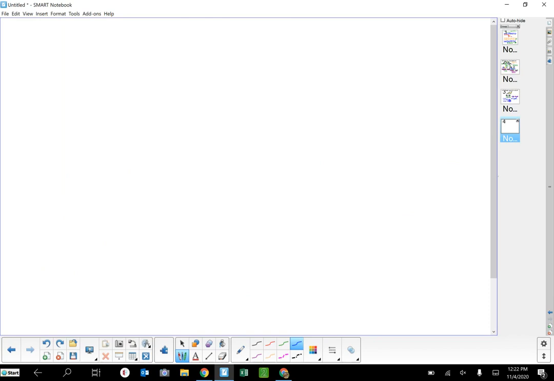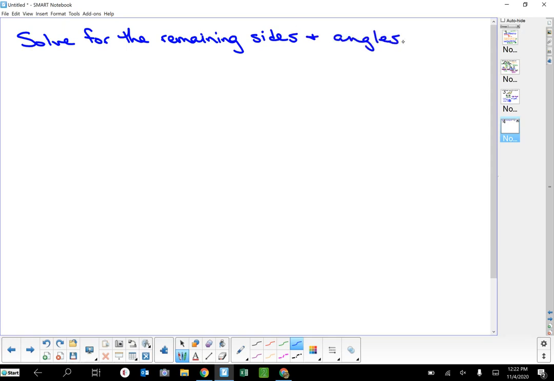So here's the last question. This is a Varsity question taken right from there, and it says solve for the remaining sides and angles if possible. And there's no picture with this question.